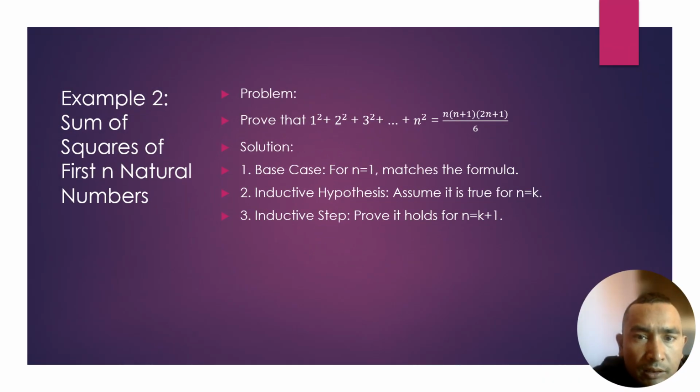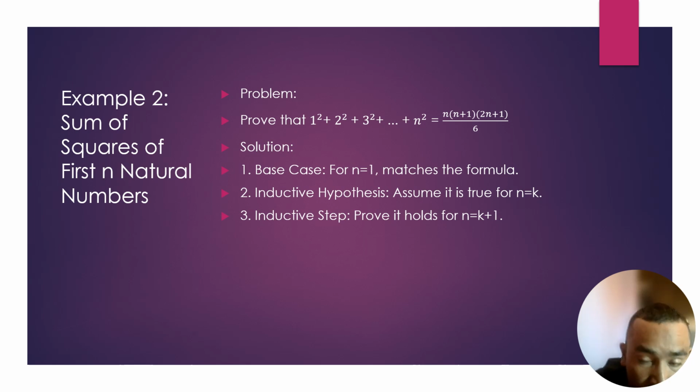Okay, now example 2. In example 2, we have the problem to prove that 1 square plus 2 square plus 3 square plus up to n square equals n bracket n plus 1, bracket 2n plus 1, divided by 6.